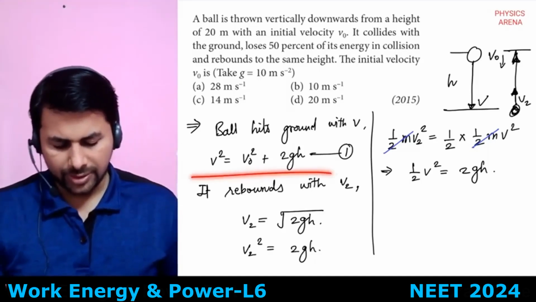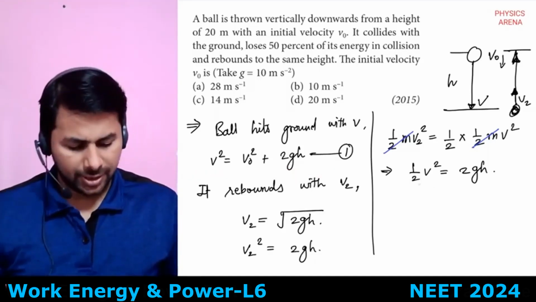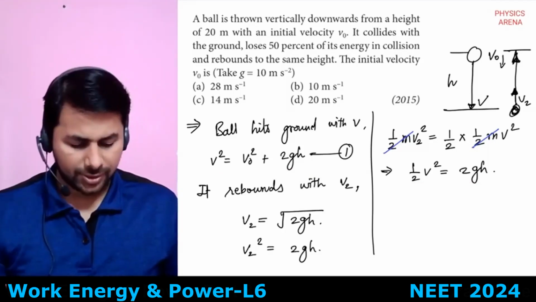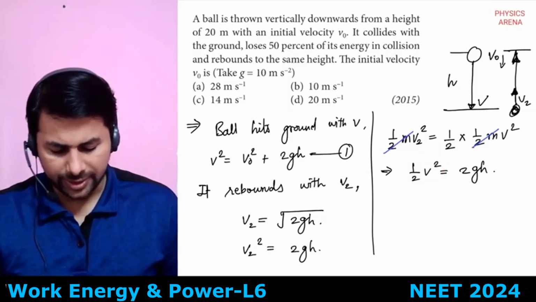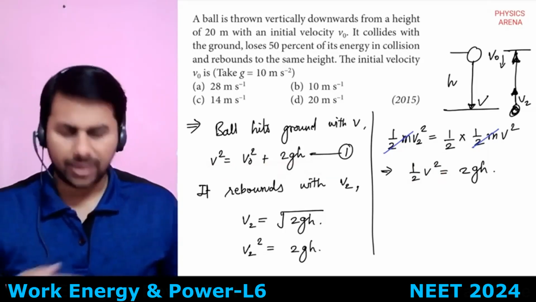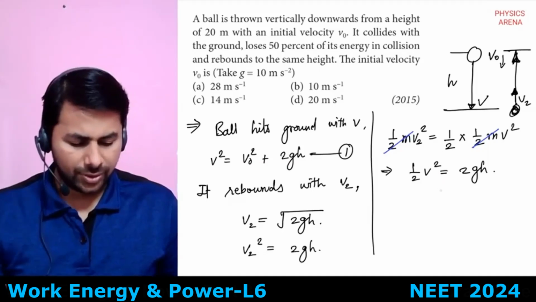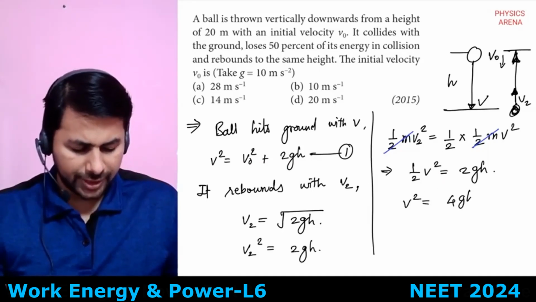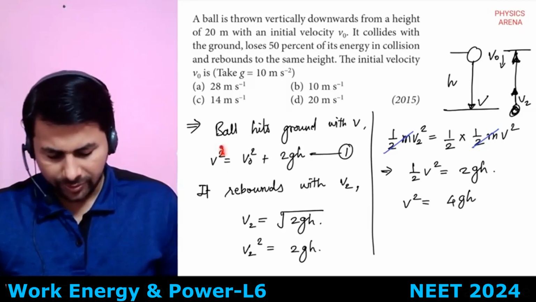Here v square is v naught square plus 2gh, and here you have half of v square is 2gh. So I can multiply both sides by 2, and I will get v square is equal to 4gh. And what is v square?